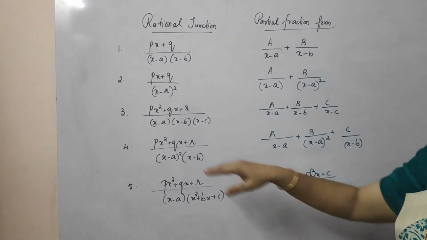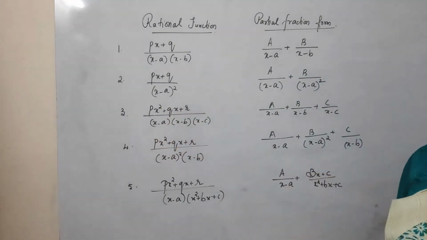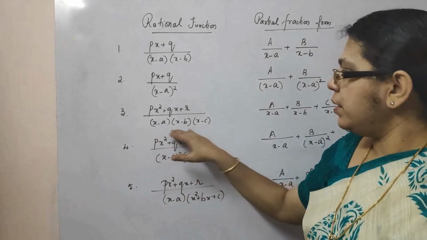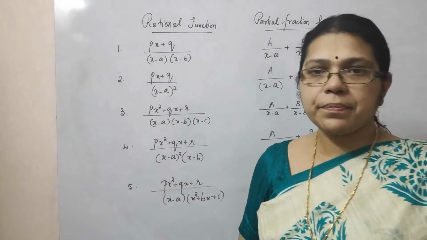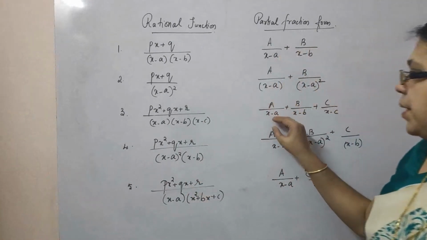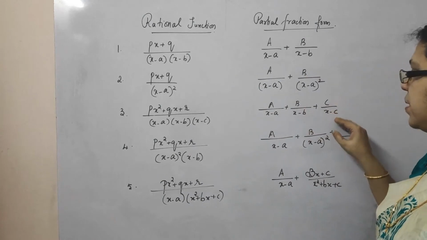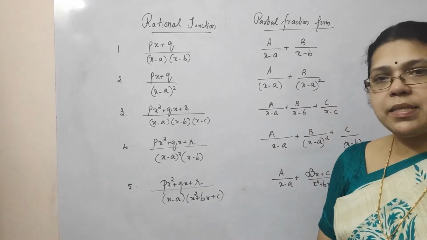Okay. So, here what we have to look at is the denominator is of cubic form, or there are 3 factors here. Then it can be written in the form A by x minus a plus B by x minus b plus C by x minus c.